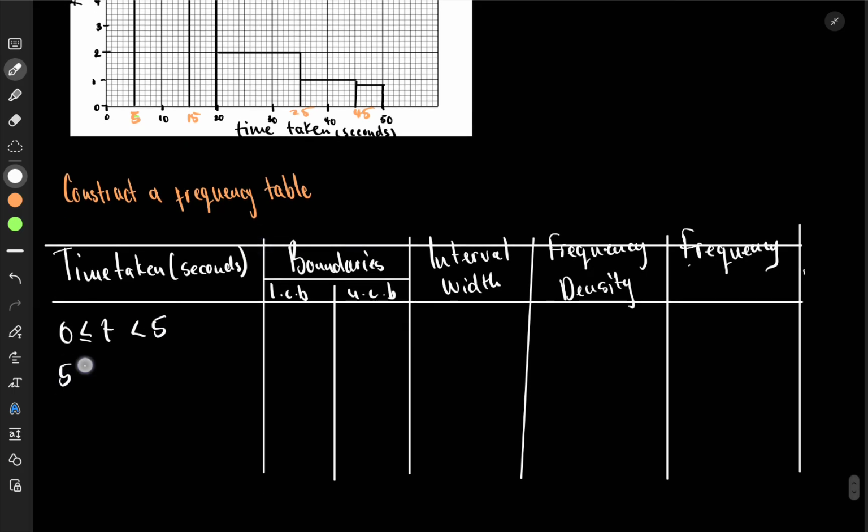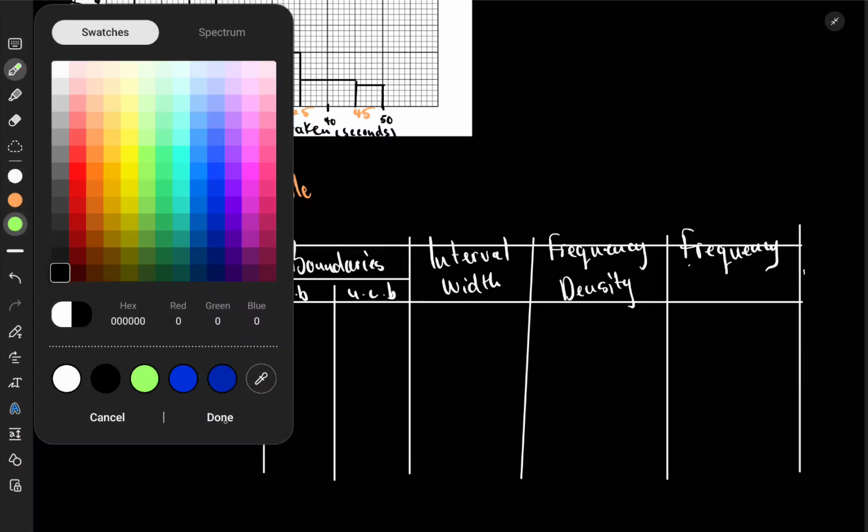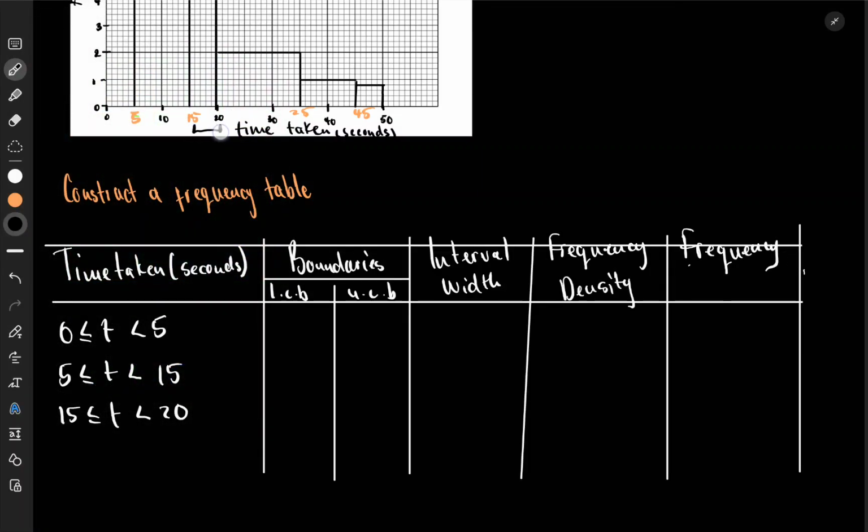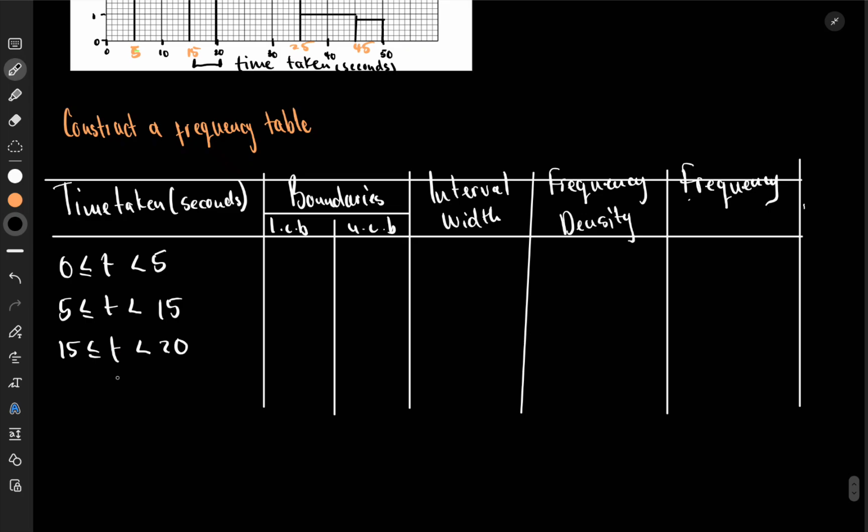And then I have 5 less than or equal to t, which is less than 15. Then I have 15 less than or equal to t, which is less than 20, because I can see that from 15 to 20, I have something. The next one is from 20 to 30.